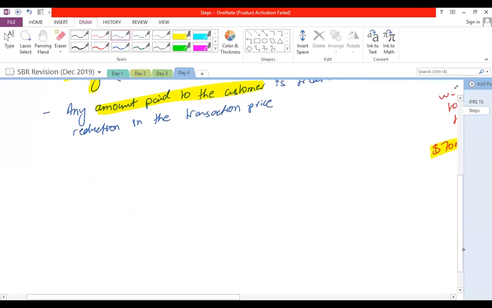Now there's one more point: in case of non-cash consideration, if we are receiving non-cash consideration, the transaction price is the fair value of the consideration received.